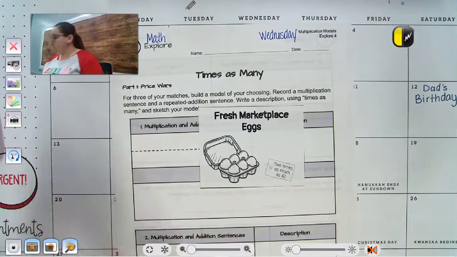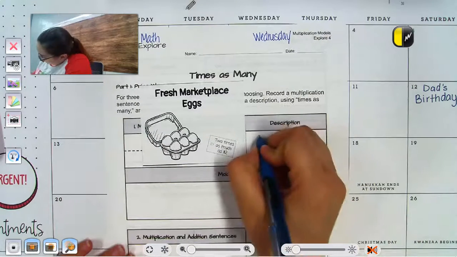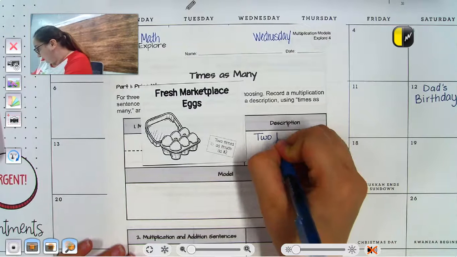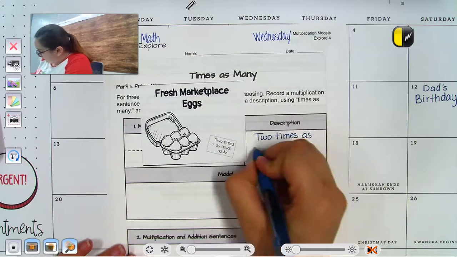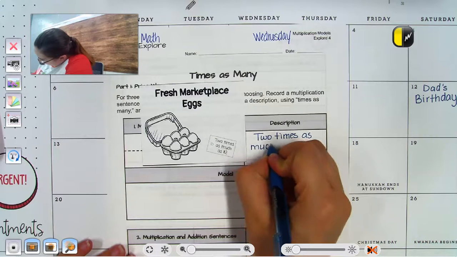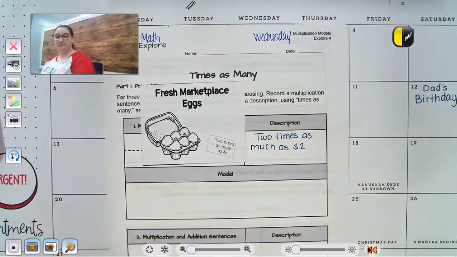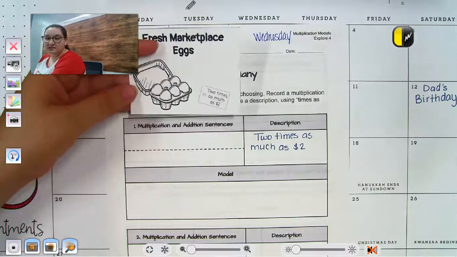Okay, so the first thing I want to do is write my description: 2 times as much as $2. That's how I'm describing the price of the eggs.